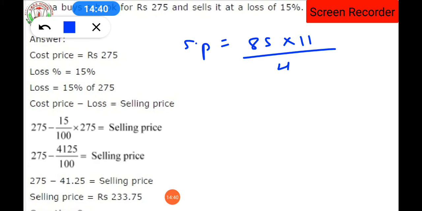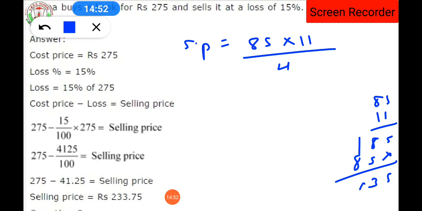So we are going to do 85 into 11. 5 ones are 5, 8 ones are 8, then 13 will come, here 9. So after multiplying 85 with 11, we get 935. That 935 we are going to divide by 4, isn't it?